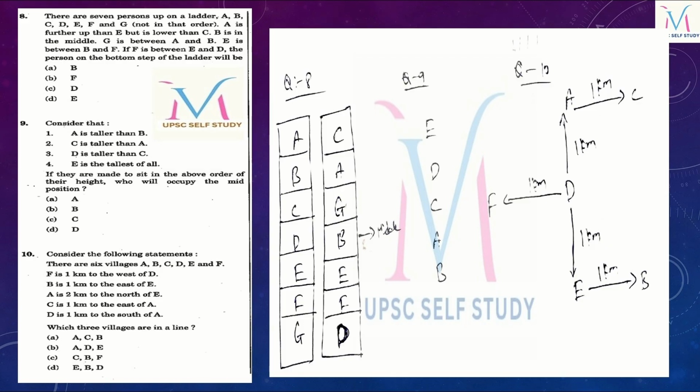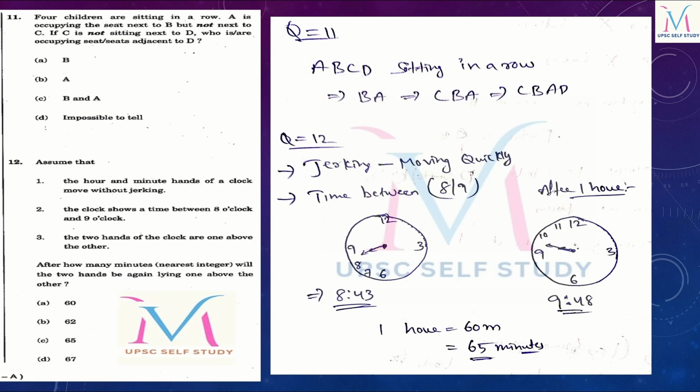Next, the 11th question. 4 children are sitting in a row.